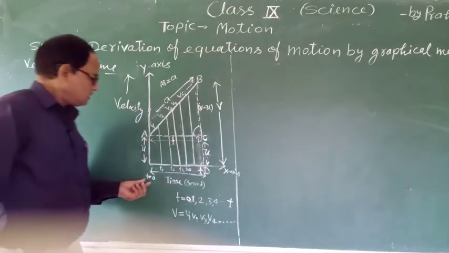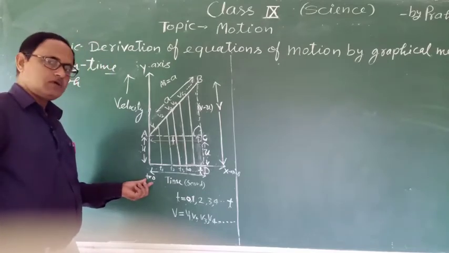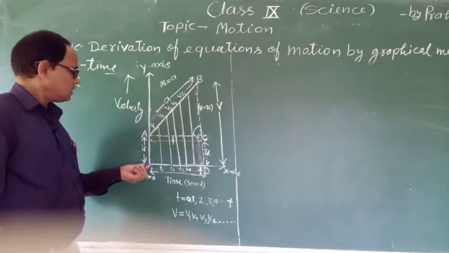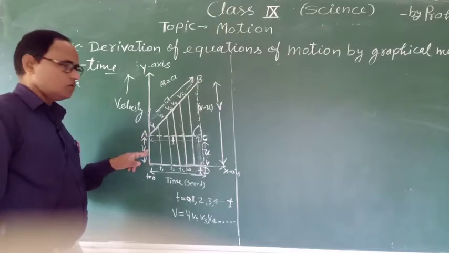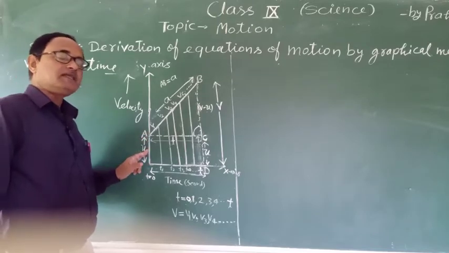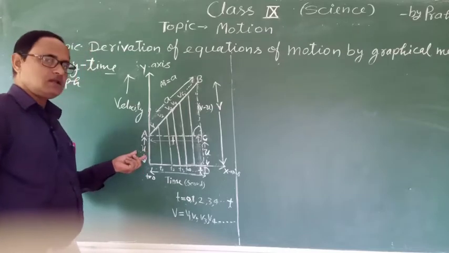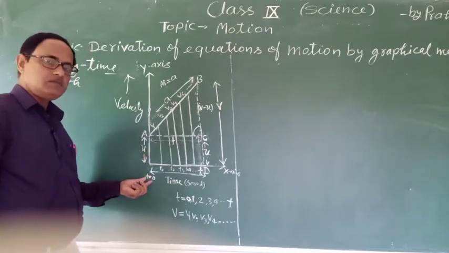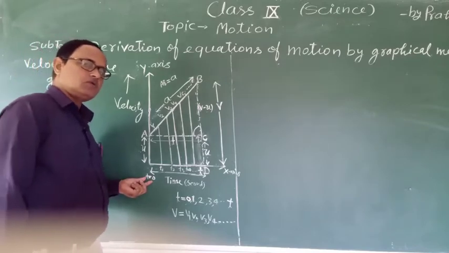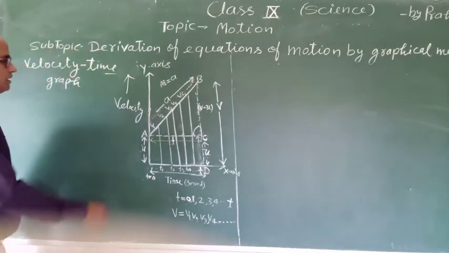Here when time t is equal to 0, the velocity of the body is equal to u, which is known as the initial velocity of the body at time t equal to 0 seconds.